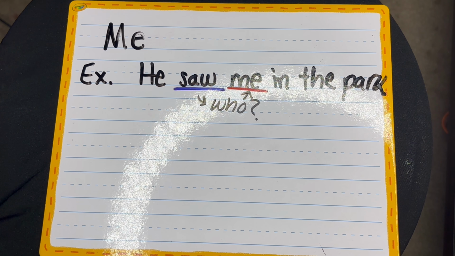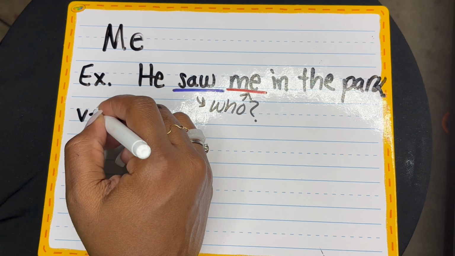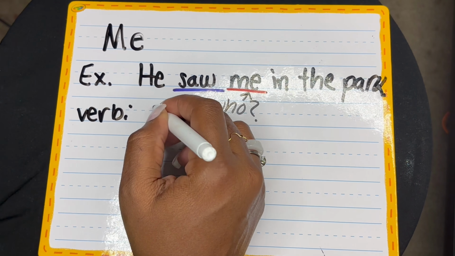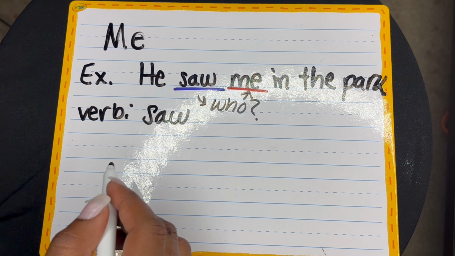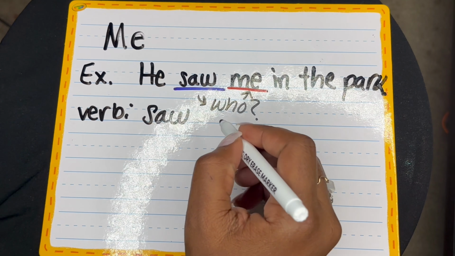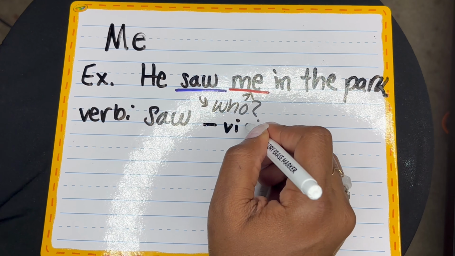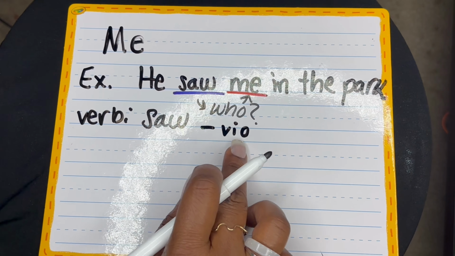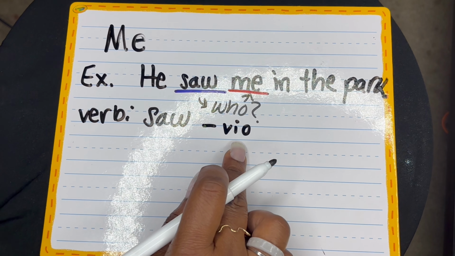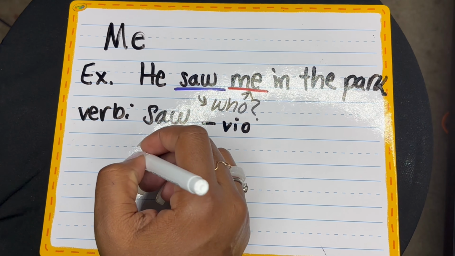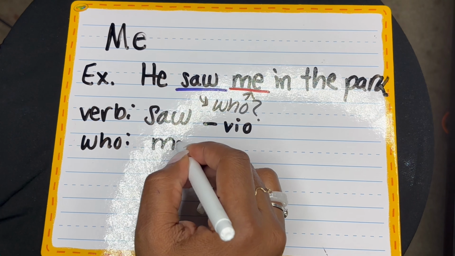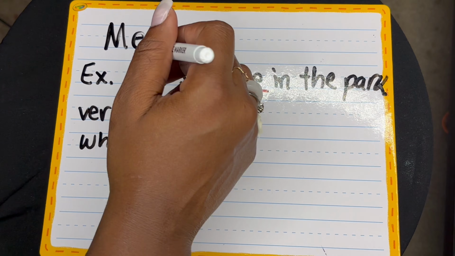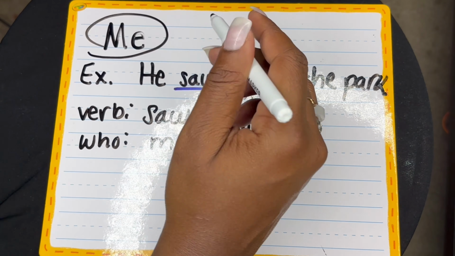Now the verb in this sentence, let's write it down below the example. The verb here is saw. S-A-W. Saw. Okay, and who saw? He saw. So that means we need to write the word vio. He saw in español is vio. Okay? Now, he saw who? He saw me. And remember that the pronoun that we're going to use is me.